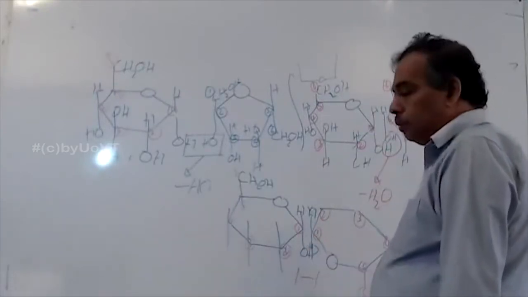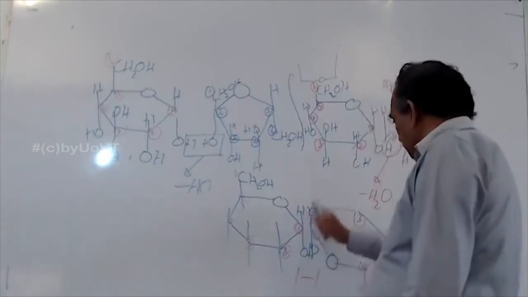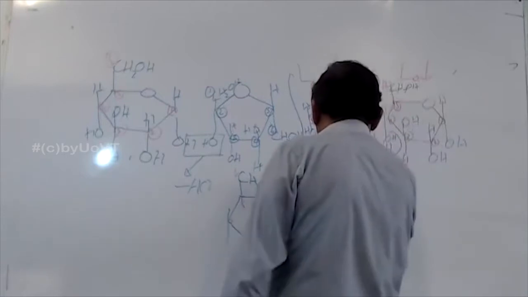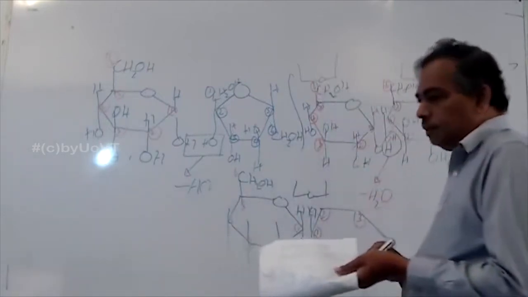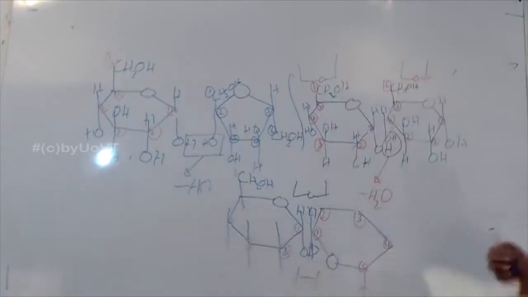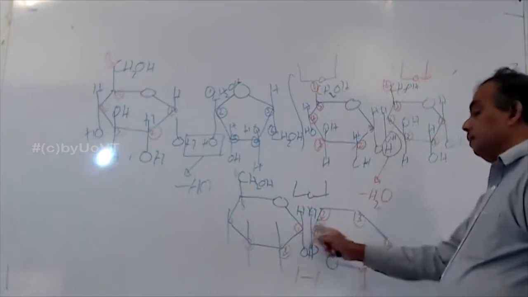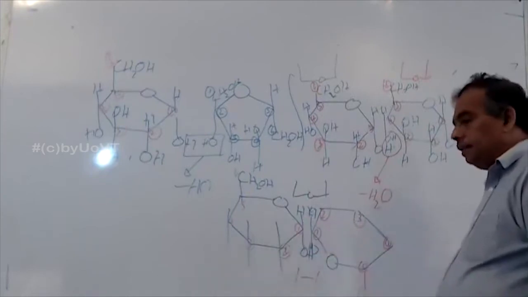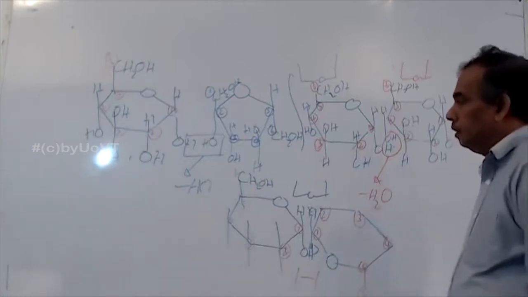Depending on the orientation, you can say this is again an alpha linkage. An alpha glycosidic linkage, but the carbon positions are 1,1, therefore no free anomeric carbon.